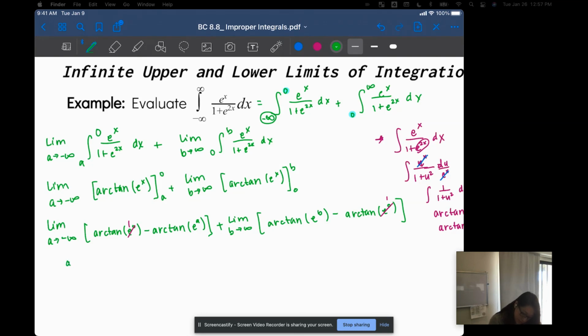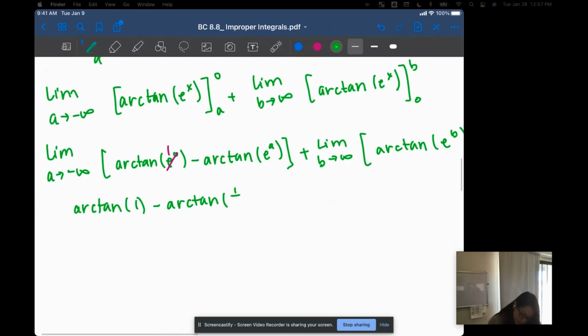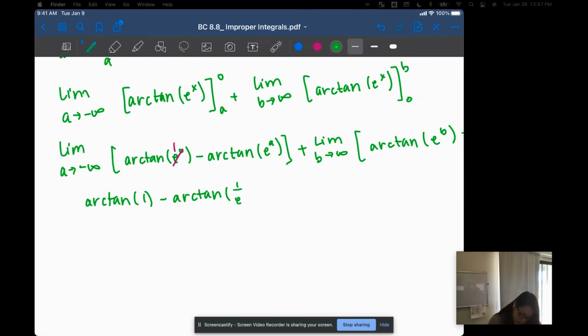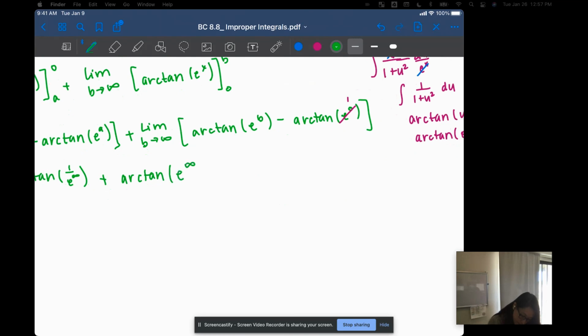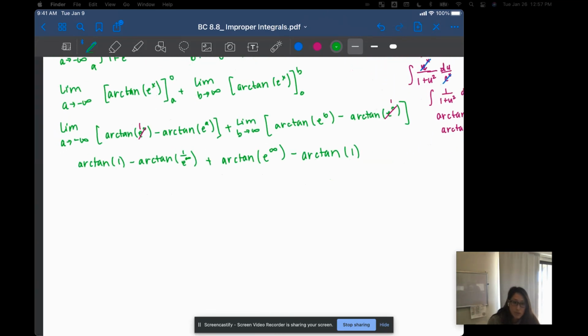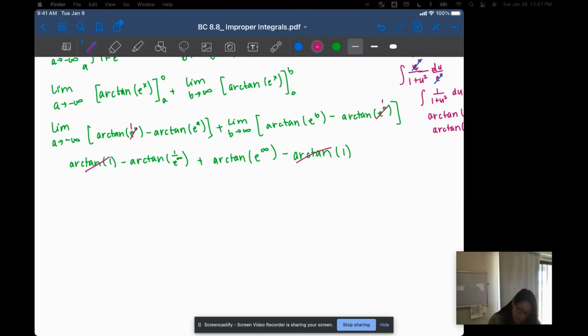So I have the arctan of 1 minus the arctan of e to the negative infinity, which is 1 over e to the infinity, plus arctan of e to the positive infinity minus arctan of 1. Cool. Arctan of 1 minus arctan of 1 is 0.